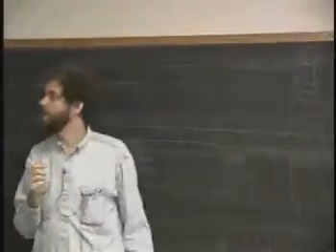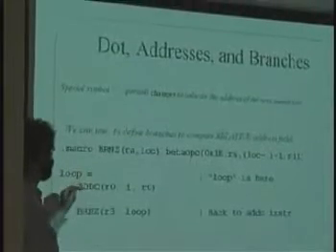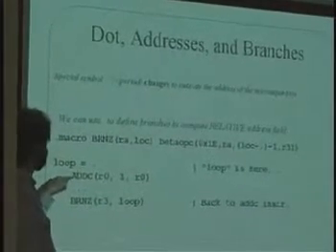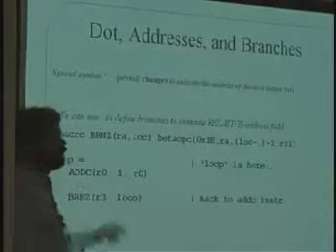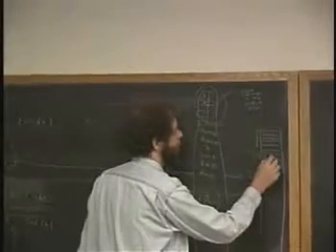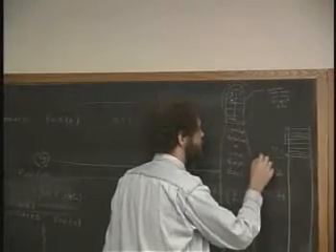An example is, if I say loop equals dot, what I'm saying is make the symbol loop equal to the value of where we are in the output file where we're about to put out the instruction add C. So let's say we're about to put out an add C, and add C is going to be a bunch of bits, which I don't know off the top of my head, right? But let's say that this means add C.